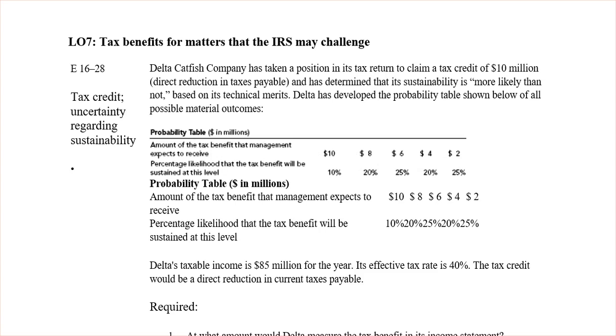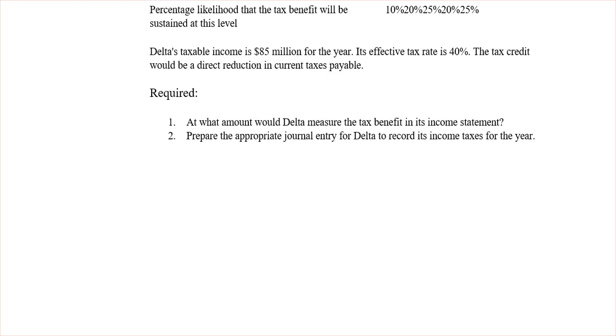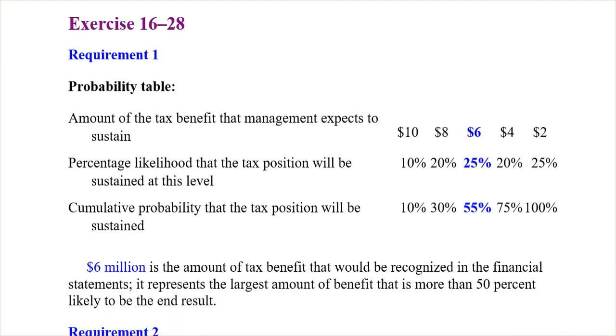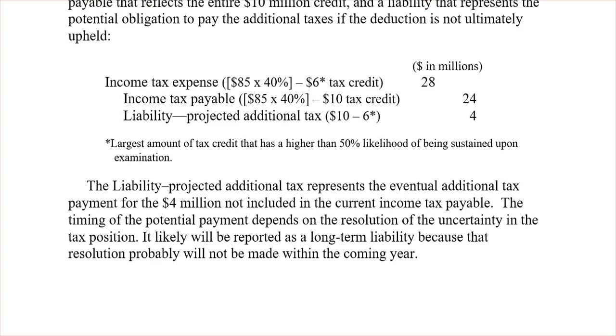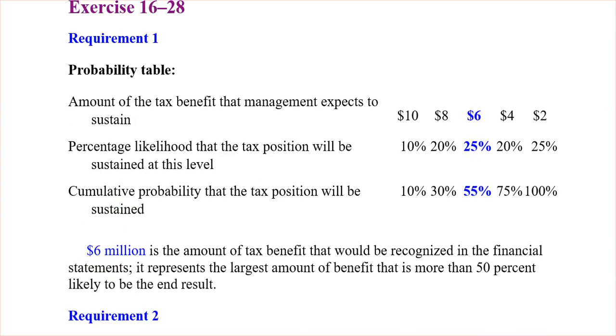So when we record it, we need to understand that we have to use the valuation account to look at the cumulative probability and to record that downward. So I'm not going to ask you to do this bit of that journal entry. I only really am interested in you knowing requirement 1, which is when you get to 55%.